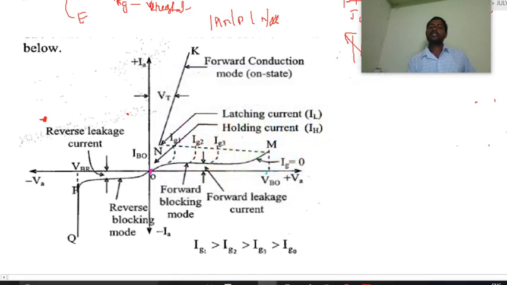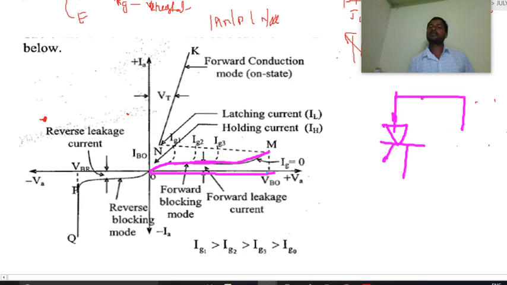If you are increasing the forward voltage in this direction, the forward leakage current also increases in this direction, and the SCR will be turned on. This is the SCR, and you are varying the variac and supply voltage. By using the variable resistance, you are applying the voltage.